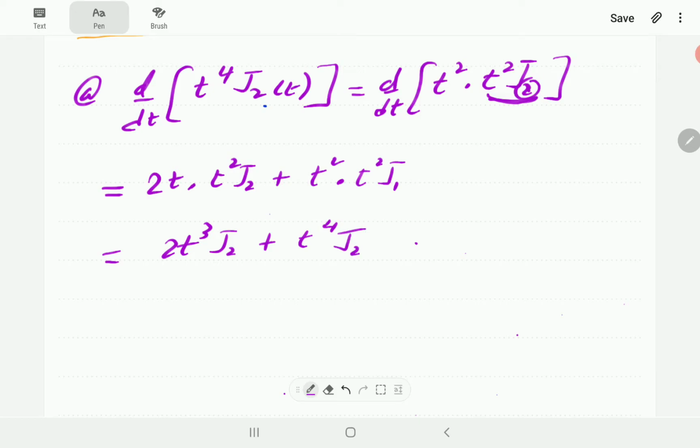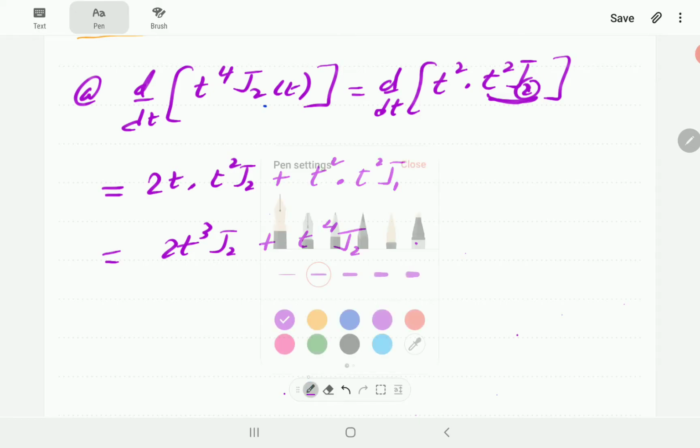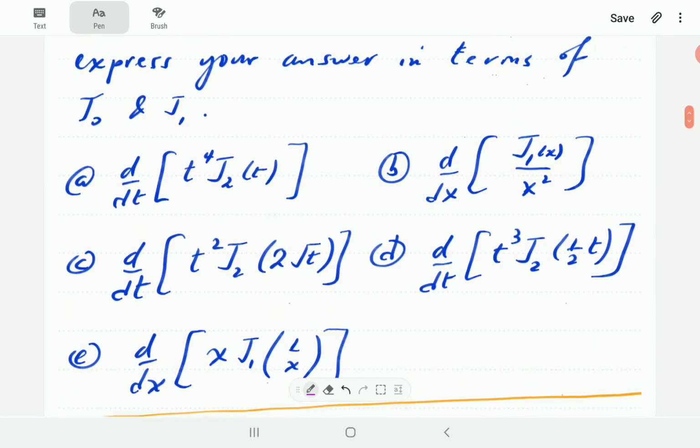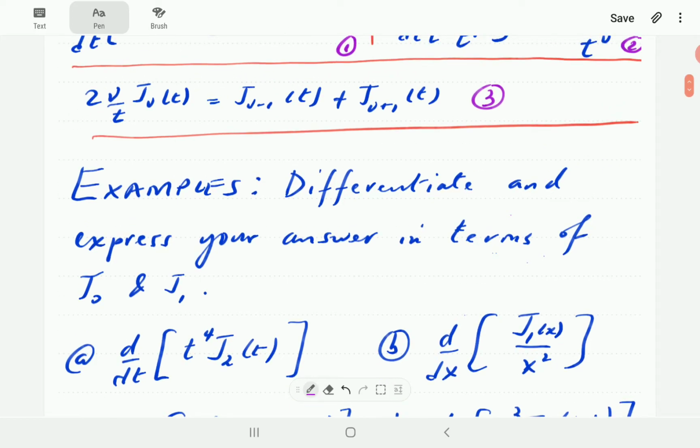So the answer we need is in terms of J0 and J1. That means this second term is already fine, but this one we need to write in terms of J1 and J0. Using the third formula here, if ν is 1, this is going to be J2, this is going to be J0, this is going to be 2 over t J1.